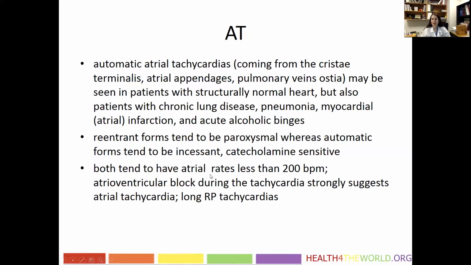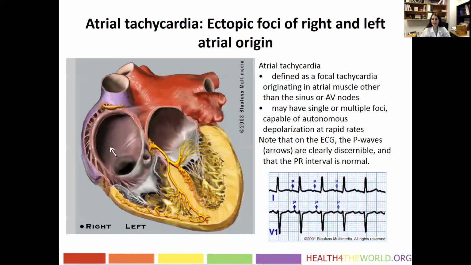The atrial tachycardias can be fast, but not necessarily super fast, less than 200 beats per minute. And when there is AV block during the tachycardia, that strongly suggests the presence of an atrial tachycardia. They're usually long Rp tachycardias, so you can see the P wave somewhere between the 2 QRS complexes.